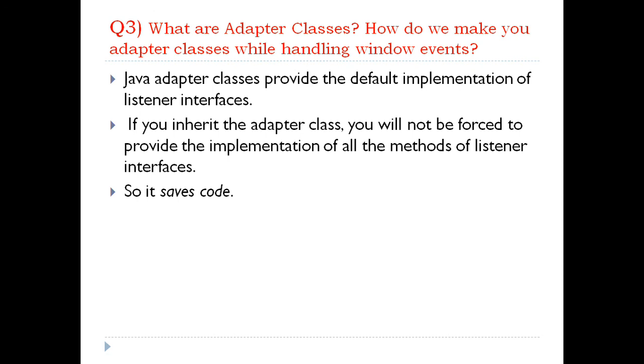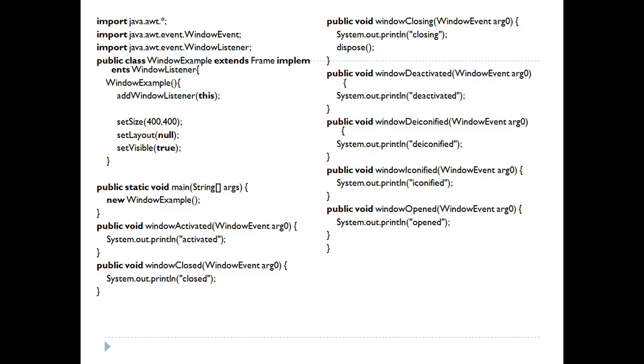Then what is the difference between listener interface and adapter class? As we all know, if we use an interface, we have to use all the methods inside the interface. So it makes the program lengthy. I will give you an example. Here is an example for window listener interface. Window listener interface has multiple methods, that is windowActivated method, windowClosed method, windowOpened method.